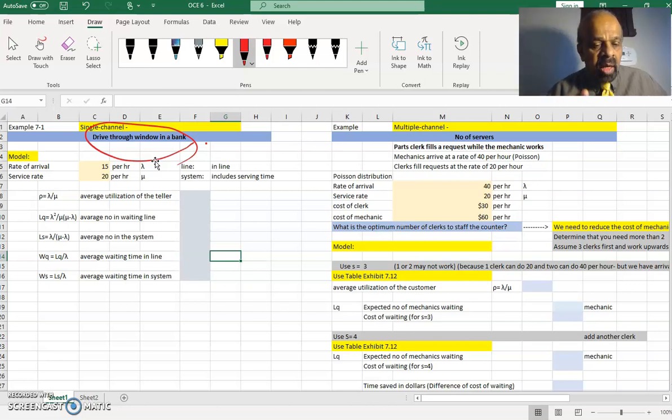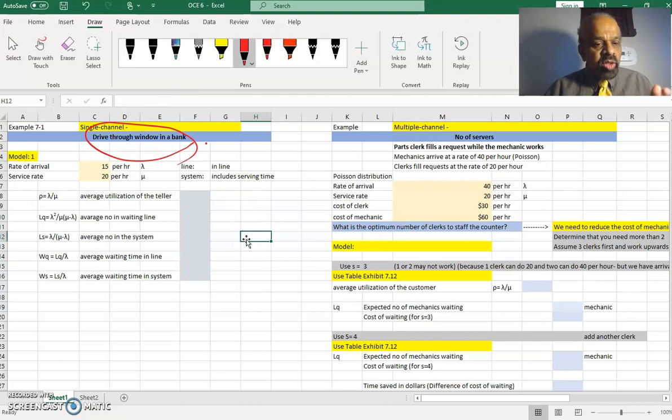It is not a constant service rate because this 20 customers per hour of service rate is an average. It is not constant. So this is a single channel, which means you're talking about model number 1.